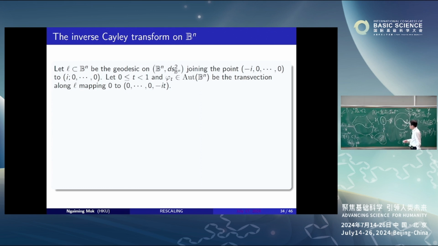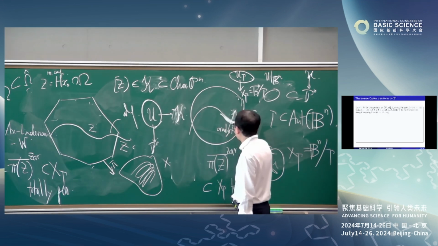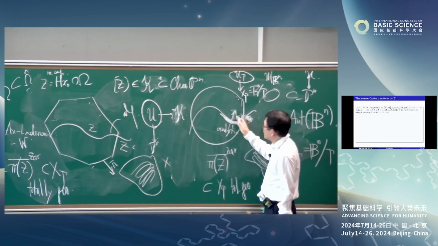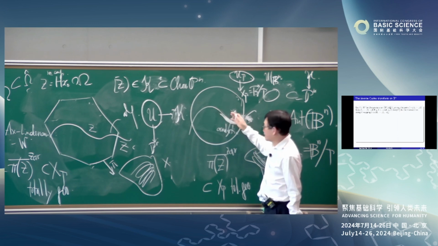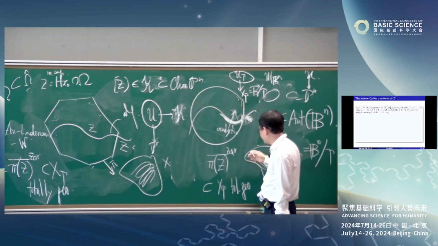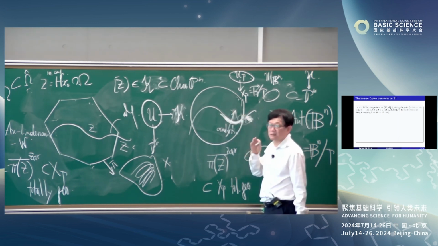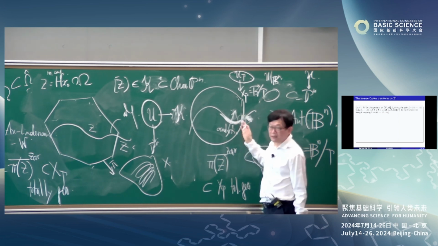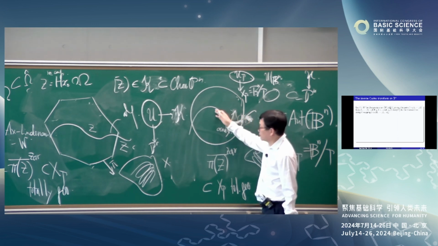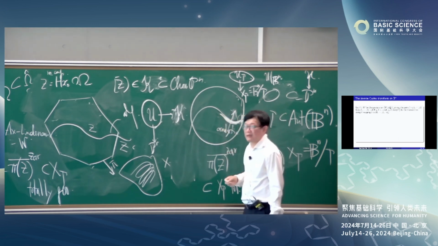And the type of argument I make about rescaling still works in the case of bounded symmetric domains of higher rank. Except that if you have just a finite volume condition, the analysis is much more difficult. So I restrict myself to the co-compact case. The restriction would tell me that I can decompose.